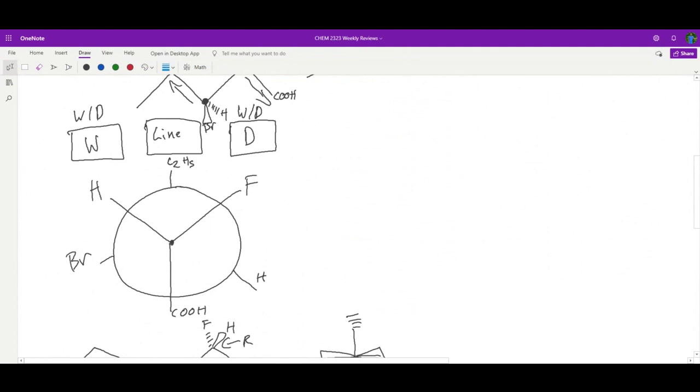I mean, as long as you switch these also, I guess. Because this is bonded to this. And if you flip bromine and fluorine, then carboxylic acid would be bonded to. If you put the fluorine in the front carbon, where the hydrogen in the front carbon is at, and then you do the exact same thing for the bromine, will that still be the exact same answer? One sec, let me try.